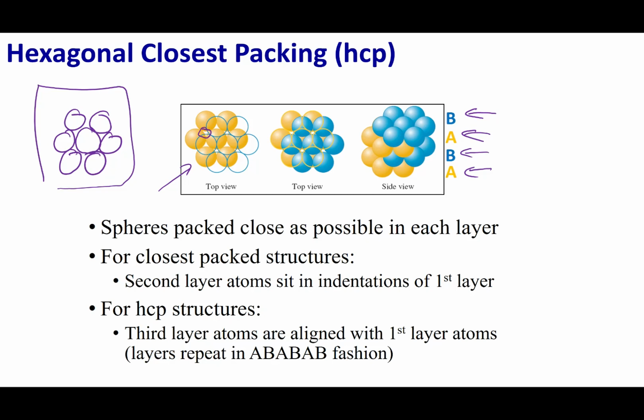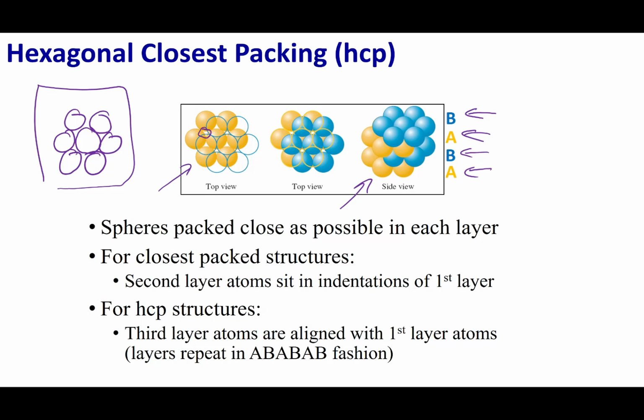This type of packing is called hexagonal closest packing, or HCP for short. This is one of the ways where we can pack spheres as close as possible. Now, if I look at this structure, this involves a lot of atoms. What you will see is that I have about 7 atoms, 4 layers.